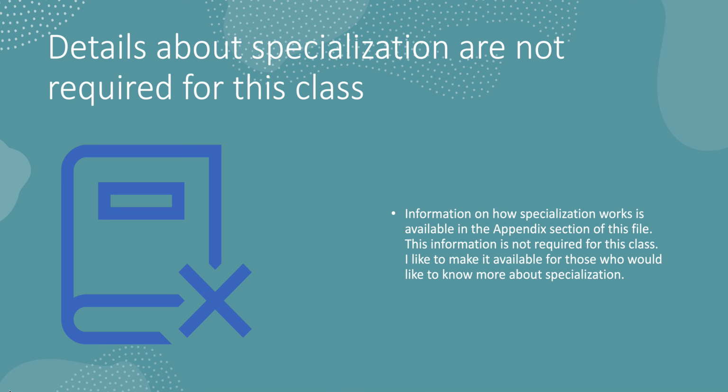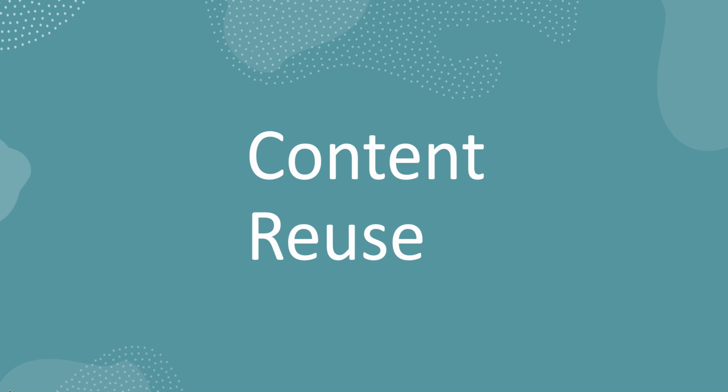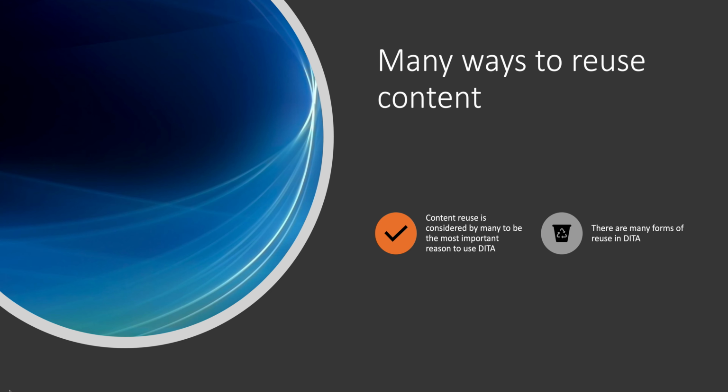So let's talk about the next advanced DITA topic around content reuse. There are many ways to reuse content. Content reuse is considered by many to be the most important reason to use DITA, and there are many forms of reuse in DITA. Let's look at a few.